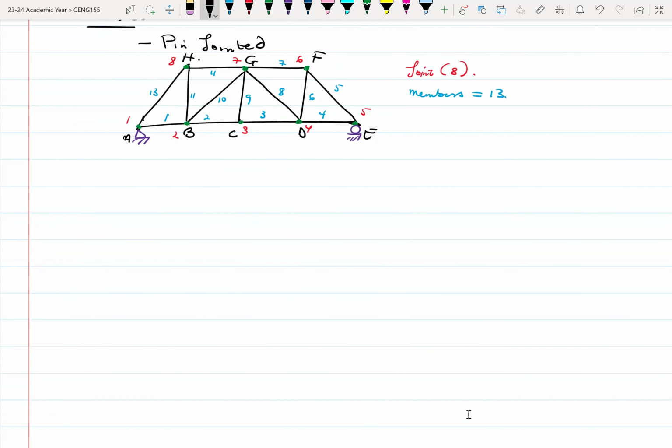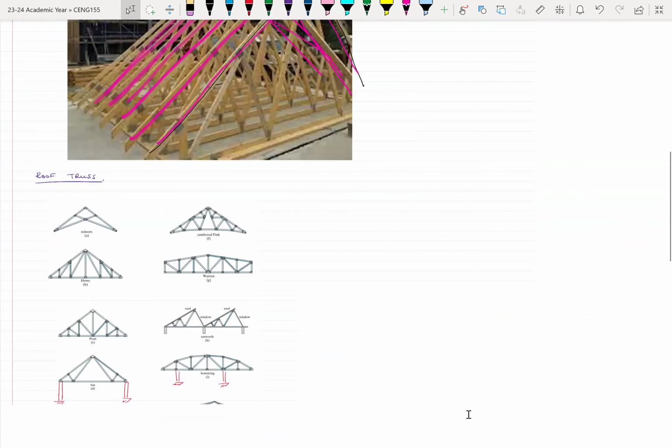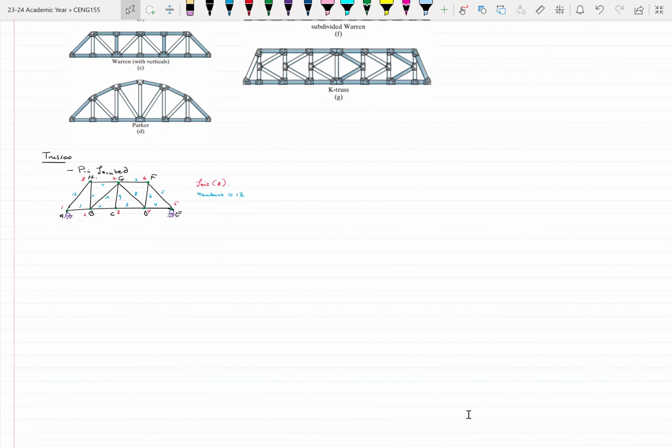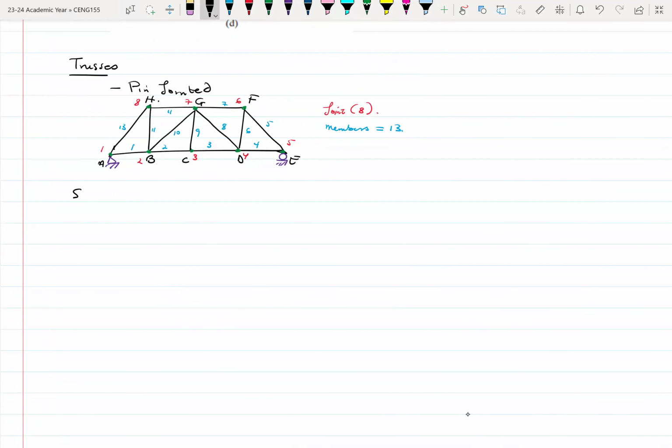Now we need to also classify the structure or the truss to see whether it is statically determinate, indeterminate, or otherwise. So let's say statical classification of trusses. You have three main types.